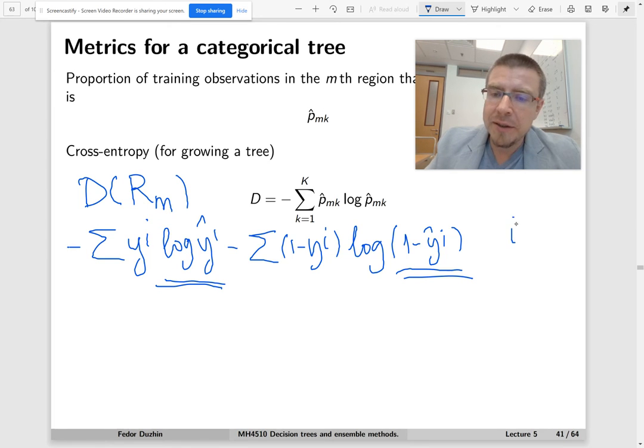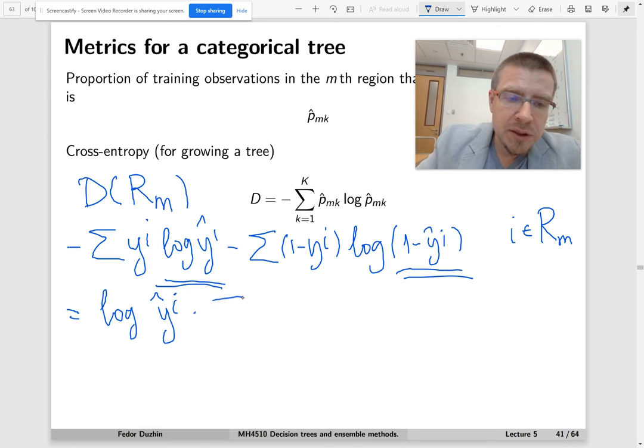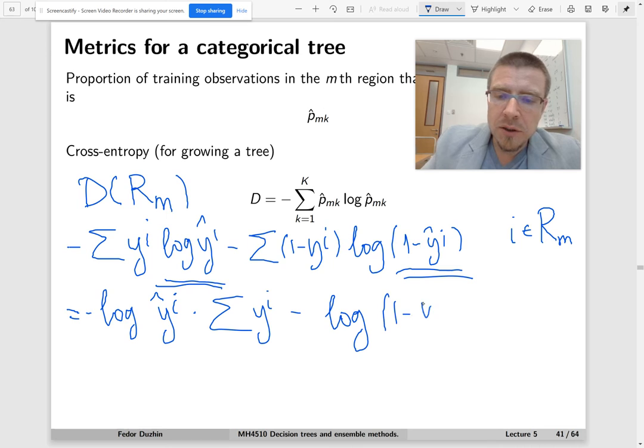If we take the sum over all observations belonging to the same region, then we can factor it out, and this is going to be the logarithm of y hat times the sum of y_i for the given decision region, with a minus sign, minus the logarithm of 1 minus y hat times the sum of 1 minus y_i.